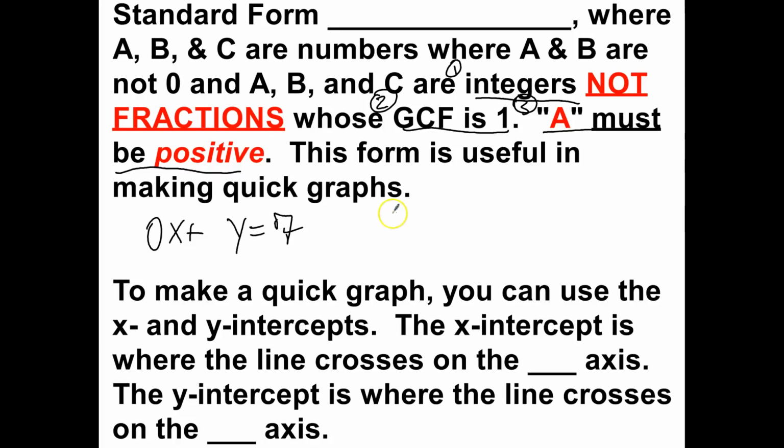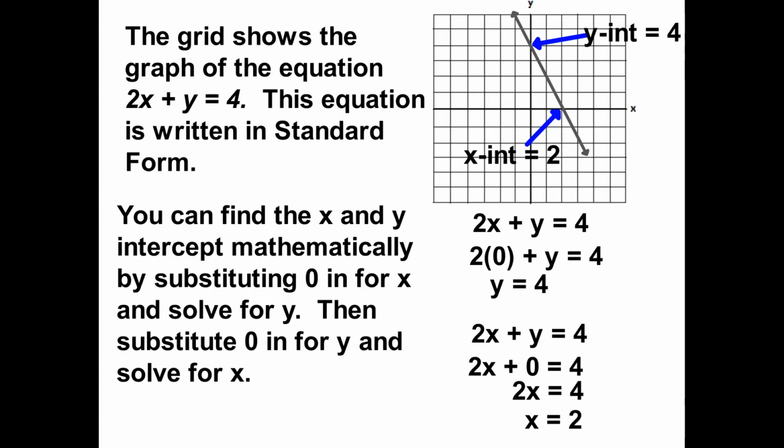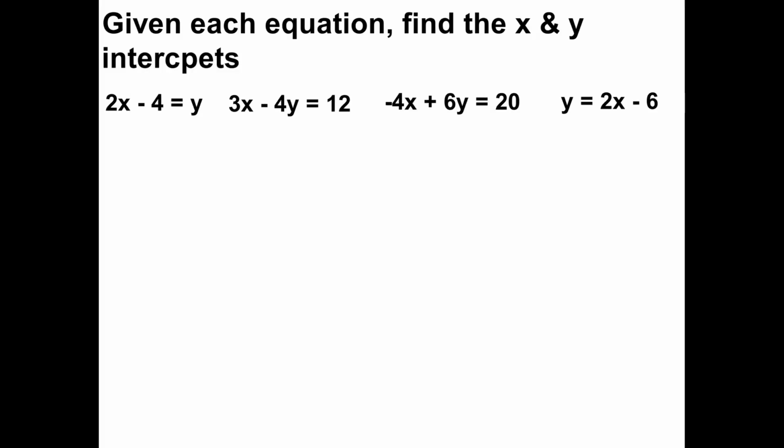Or if you have x is equal to 5, technically this is standard form because it would have been x plus 0y is equal to 5. They can't both be 0 because if both of them are 0, you're just left with this, and that's not standard form. You don't have an equation, you just have an expression. All right, that's that. So let's move on to graphing.